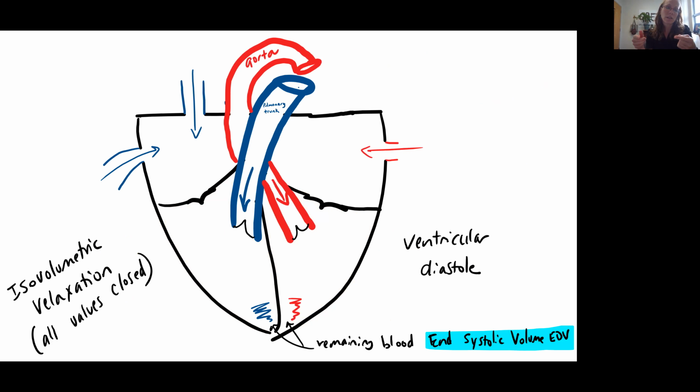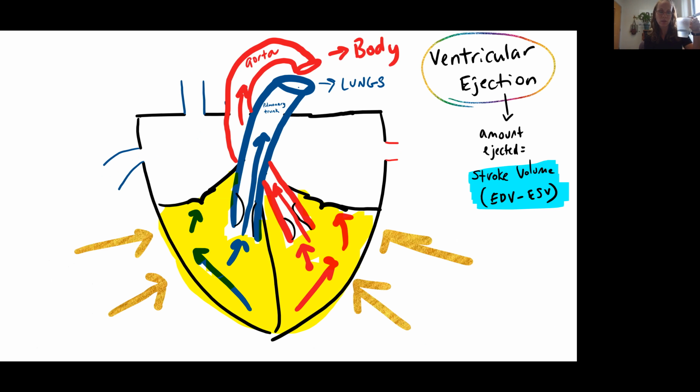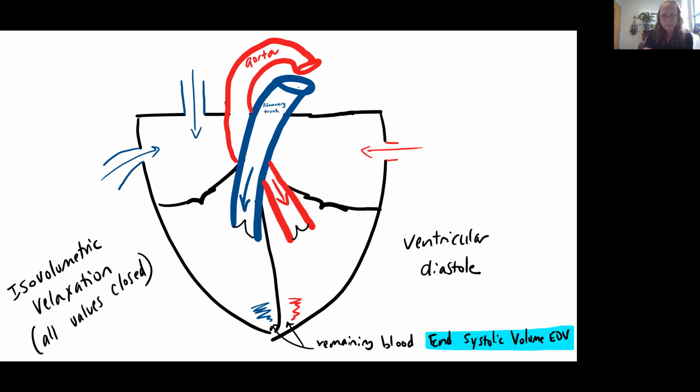Then we can take a look at the heart in isovolumetric relaxation, and we can see how much blood is left over. When you take your starting amount, your EDV, and you subtract your ending amount, your ESV, that tells you how much blood actually was ejected from the heart. That's your stroke volume, okay? We'll be talking about those terms again, so you need to be comfortable with that.